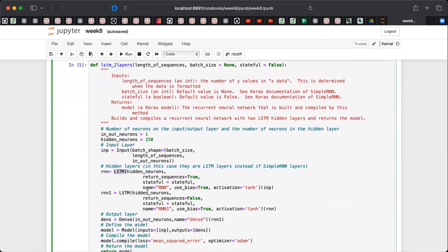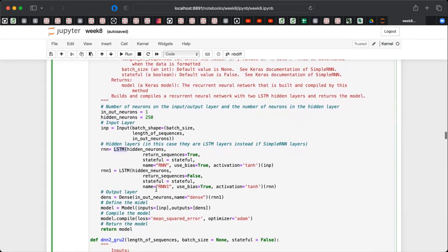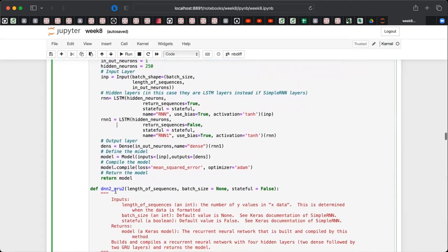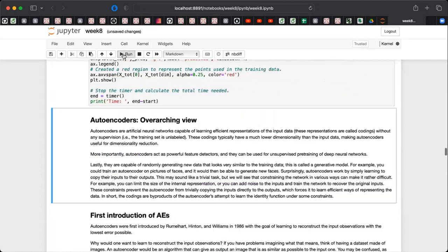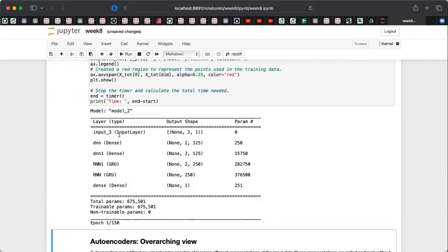And again, you can specify the activation functions, as you can see here, the type of problem you have, etc. And when you perform the fit here, you can also use the GRUs if you want to. But the long short-term memory approach is the one which is most used.